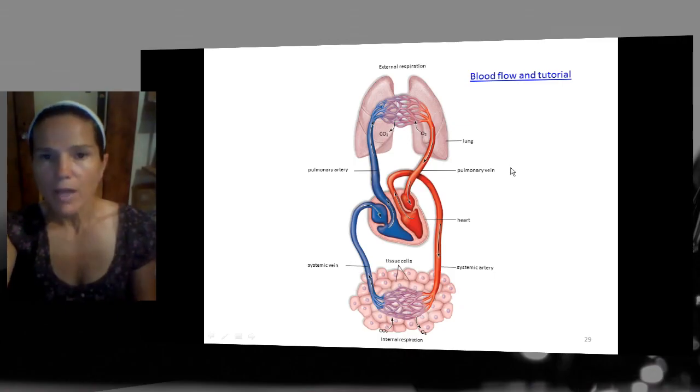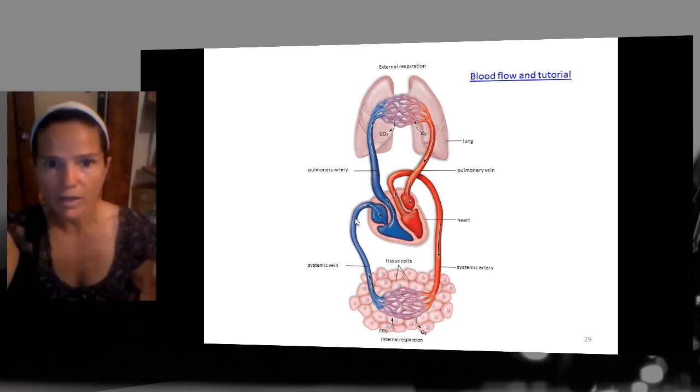Okay? Remember again, arteries always go what? Away from the heart. Veins always return to the heart. And again, lung means pulmonary. So if you're a little red blood cell and you're in the largest vein in the body, you're in the vena cava. Think of it, vein cave. Big vein, right? Caves are big. You're in the vena cava.